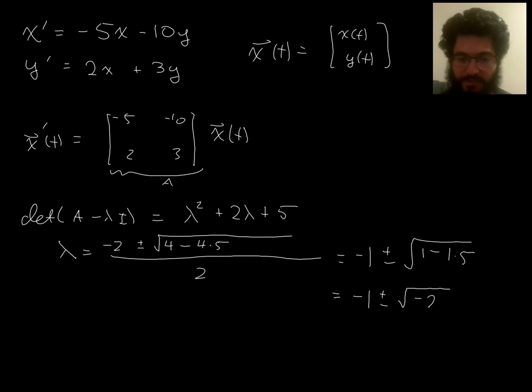So square root of -2, also known as i square root 2. Nope, what is wrong with me? It was 4, 1 minus 5 is -4, so the square root of -4 is i times the square root of 4, which is 2, i times 2. So I get -1 plus or minus 2i.